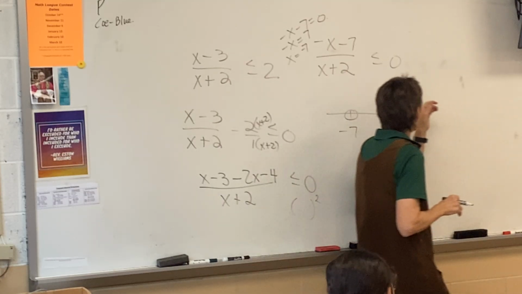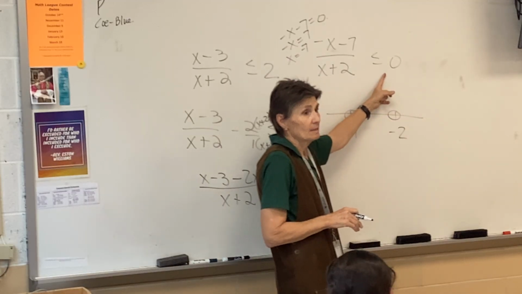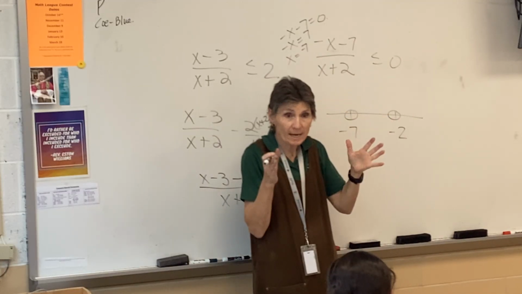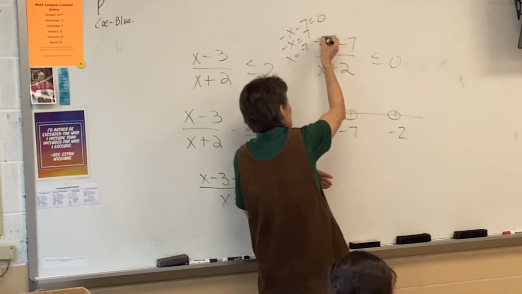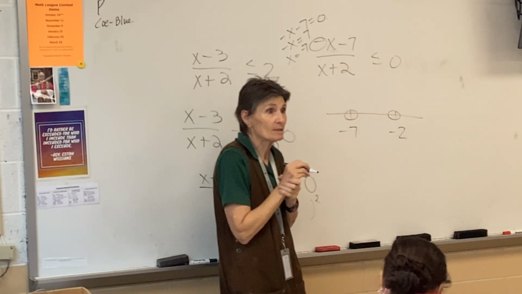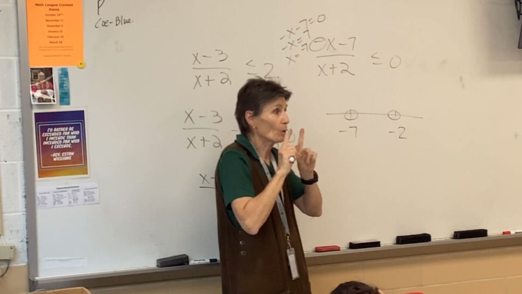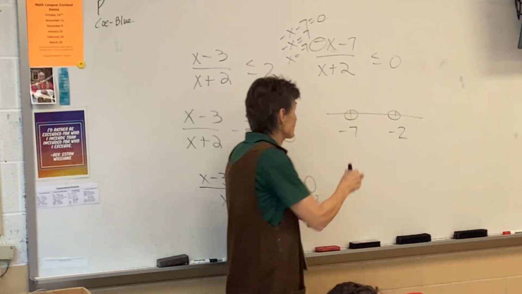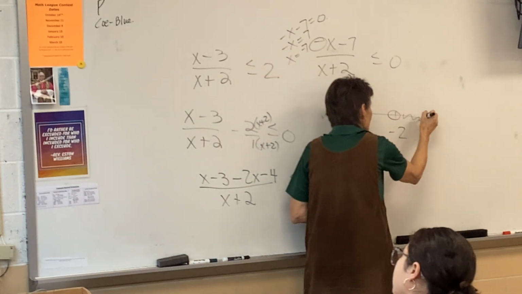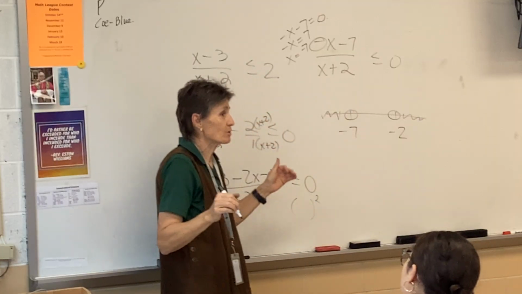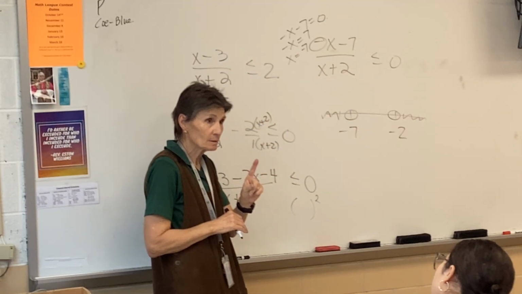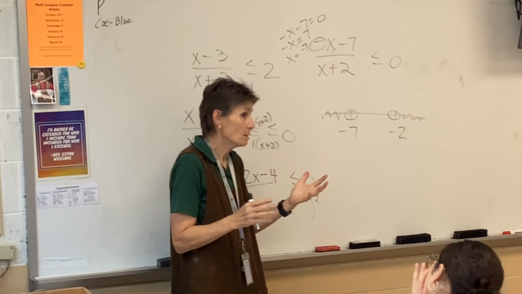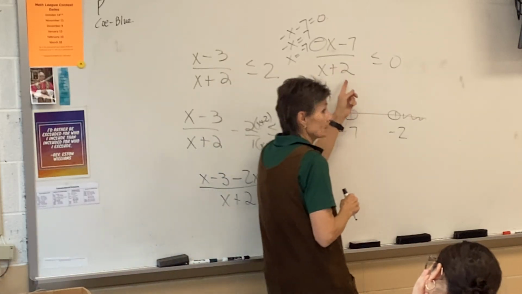When it's a less than, you're supposed to shade in between, but there's a negative hanging around in the front, so we're going to be shading outside. Now, for those of you that didn't understand the shortcut, pick a number, like 0, and plug it in.